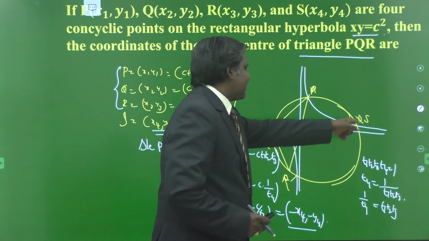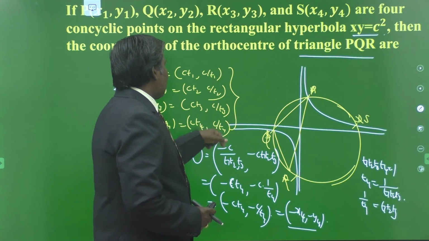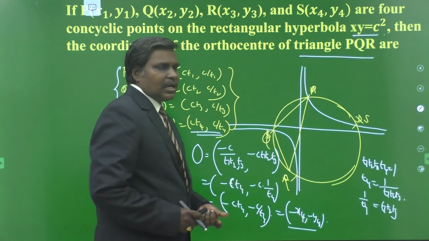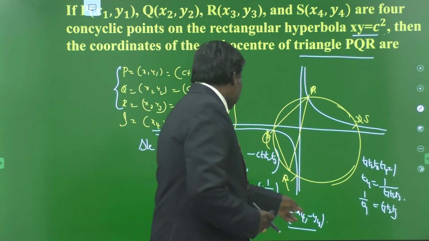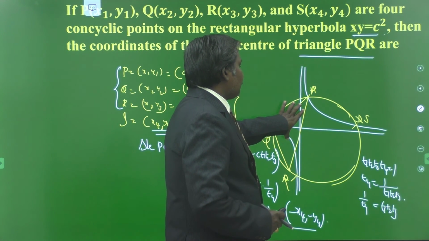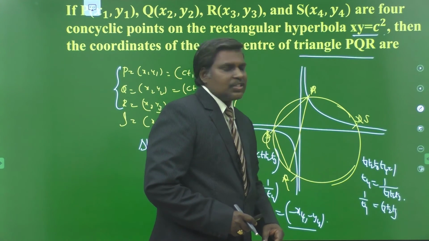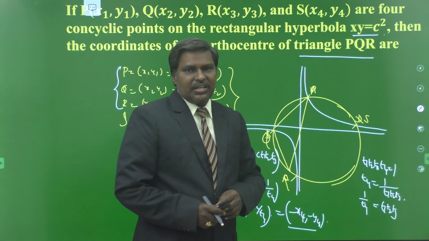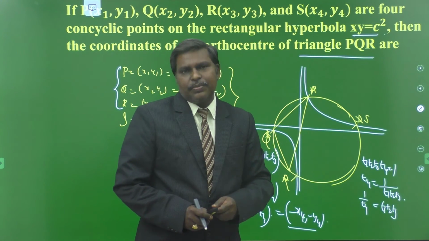If S is (ct4, c/t4), then the orthocenter is (-ct4, -c/t4). That is (-x4, -y4), where (x4, y4) is the fourth point of intersection of the circle and your rectangular hyperbola, the fourth concyclic point.